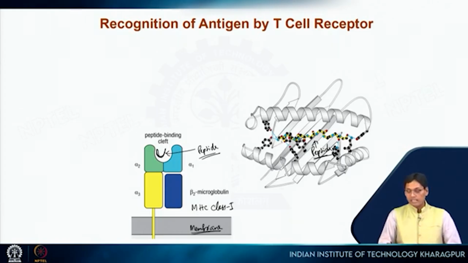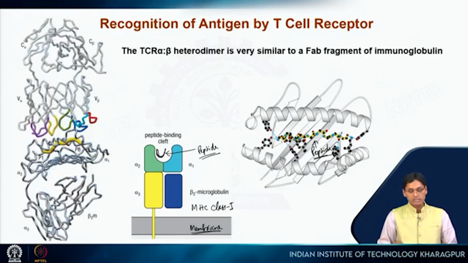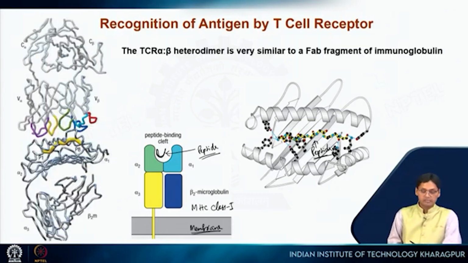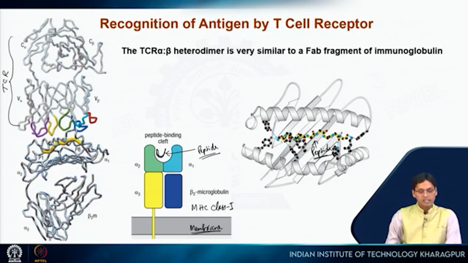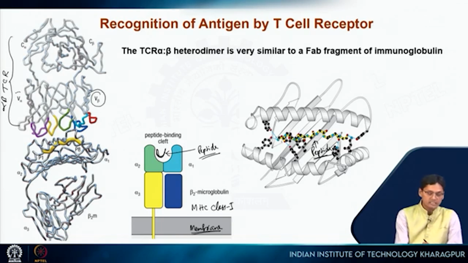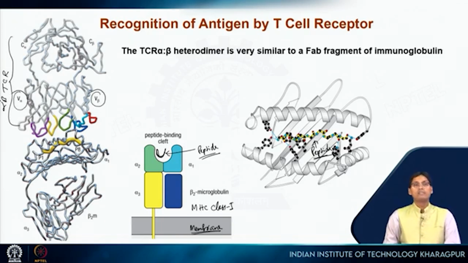But in this case, the peptide is being presented by the MHC, and now look how it binds to the TCR. On the top side, I am showing you the TCR, the T cell receptor, and this is an alpha beta TCR. As you can see, alpha and beta chains are present, and this is the variable region of the beta chain, and this is the variable region of the alpha chain.